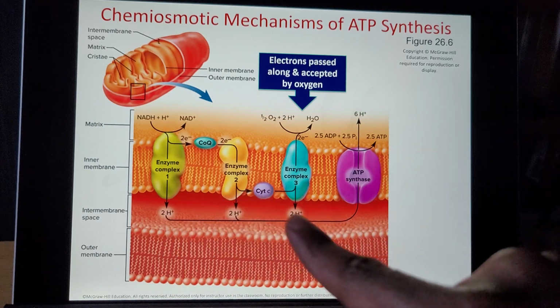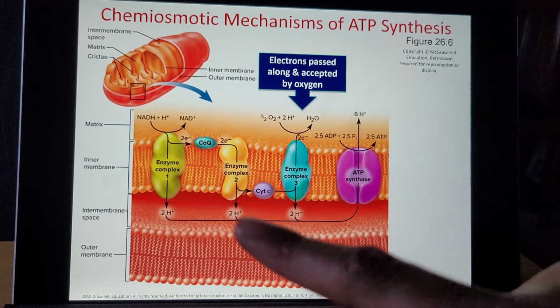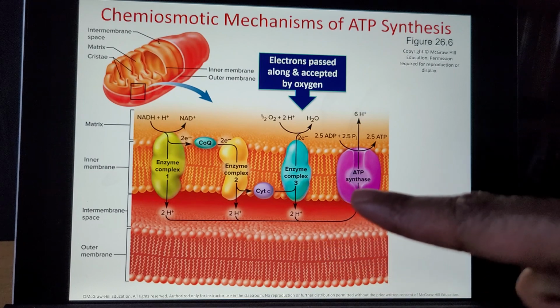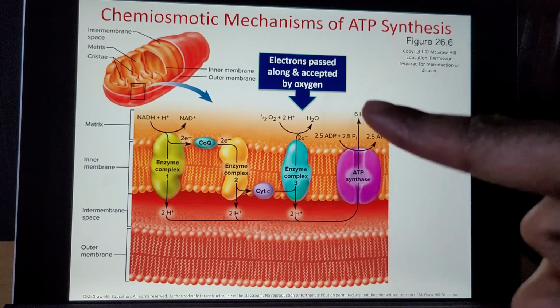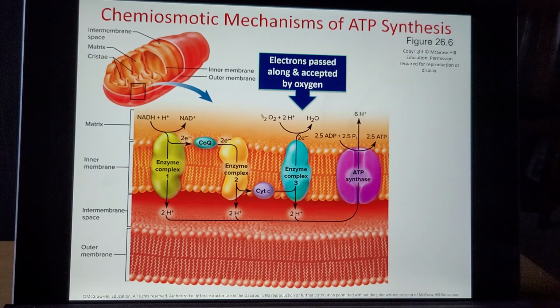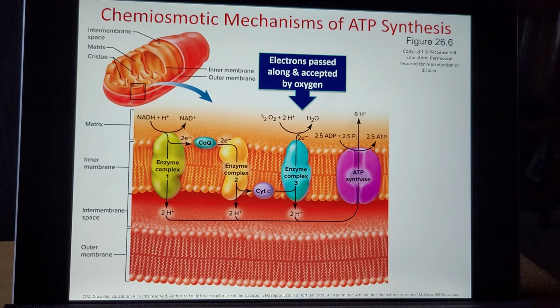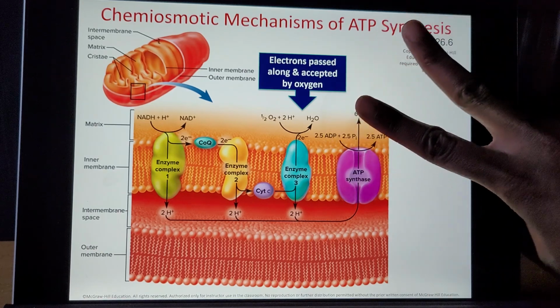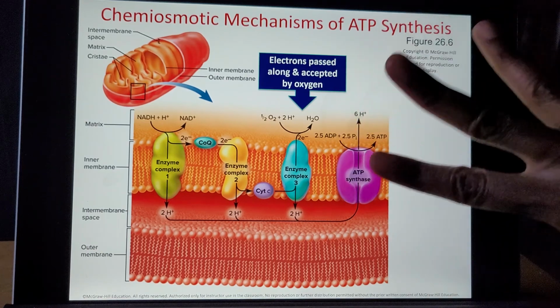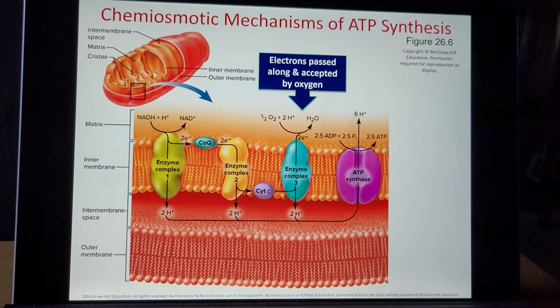All these protons build up in this space. They go down their concentration gradient to power our ATP synthase enzyme. We're attaching a phosphate group to an ADP molecule, which has 2 phosphates, making it an ATP molecule with 3 phosphates.